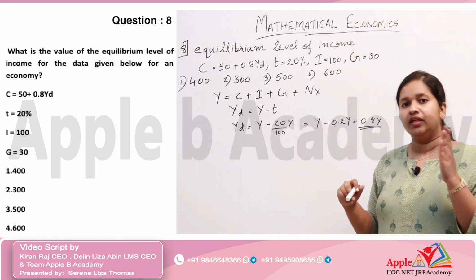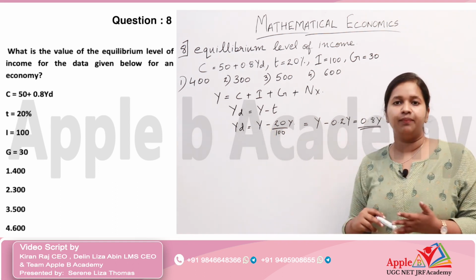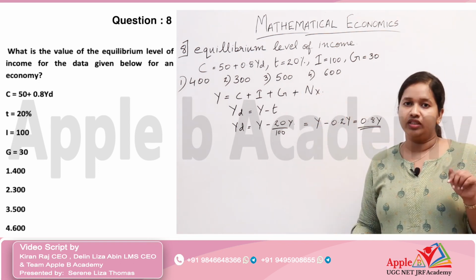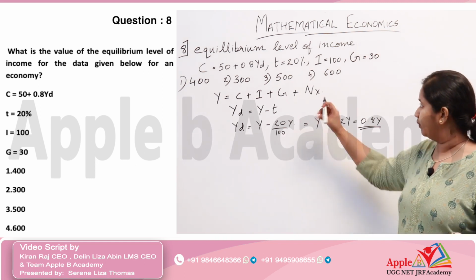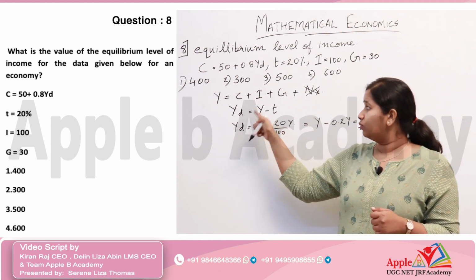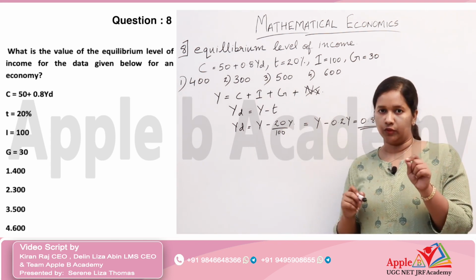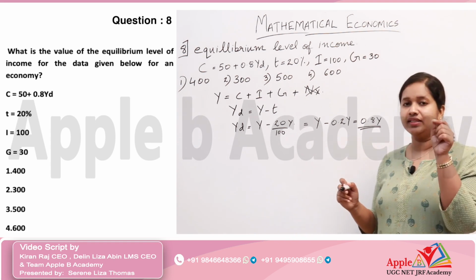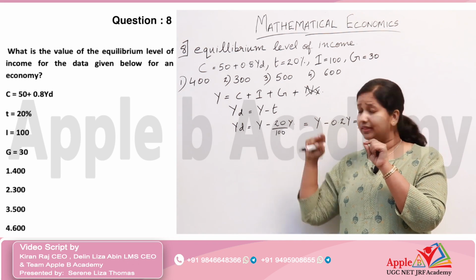So, we know that the equation for finding the equilibrium level of income is C plus I plus G plus Nx. But here this Nx is immaterial because there is no information given on export and import. So, we can just neglect this. Now, YD is the disposable income, and the equation for finding the disposable income is Y minus T, which is the income in hand minus tax.